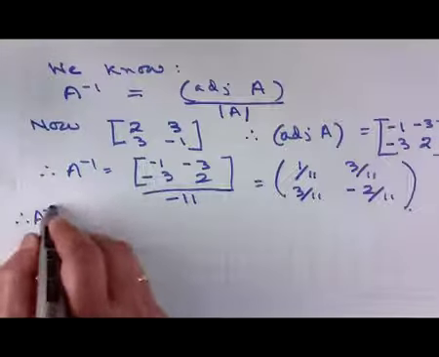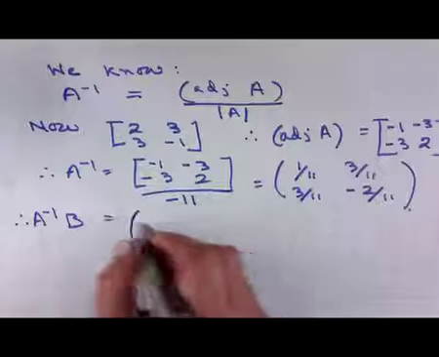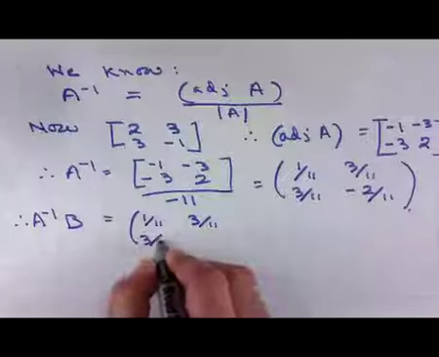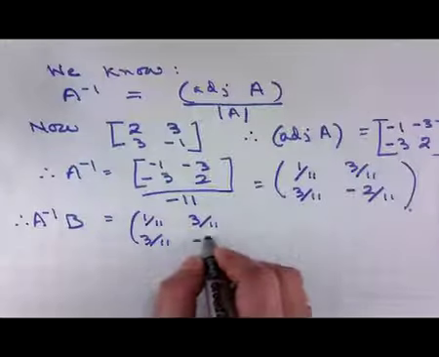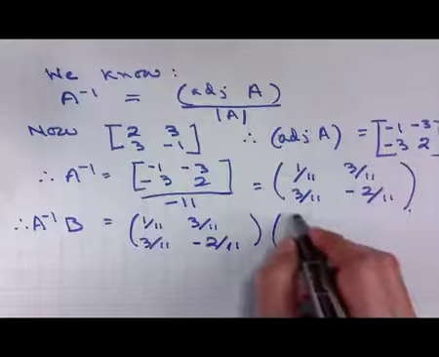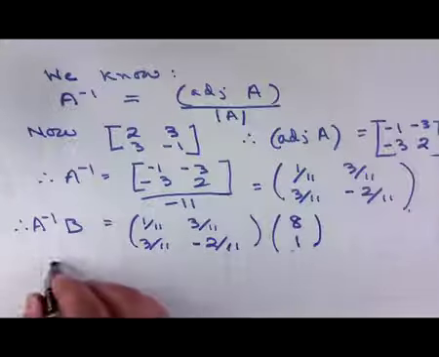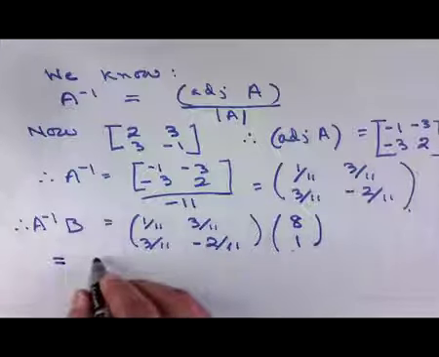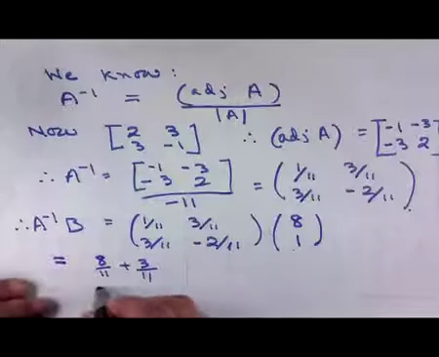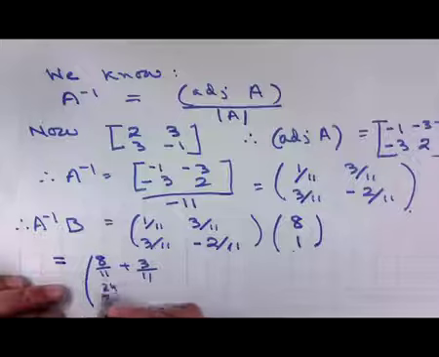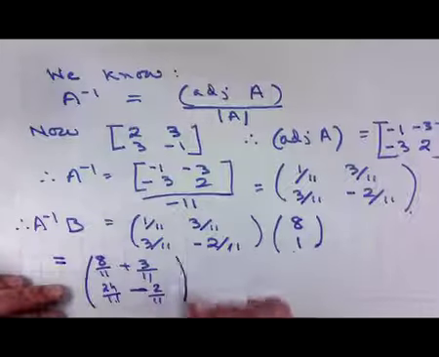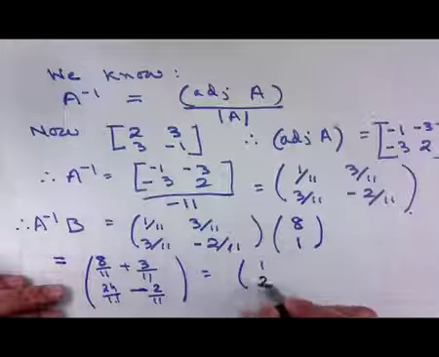Therefore, A inverse B is equal to [1/11, 3/11; 3/11, -2/11] multiplied by the right hand side B vector, that is [8, 1], which is equal to [8/11 plus 3/11, 24/11 minus 2/11], which is equal to [1, 2].